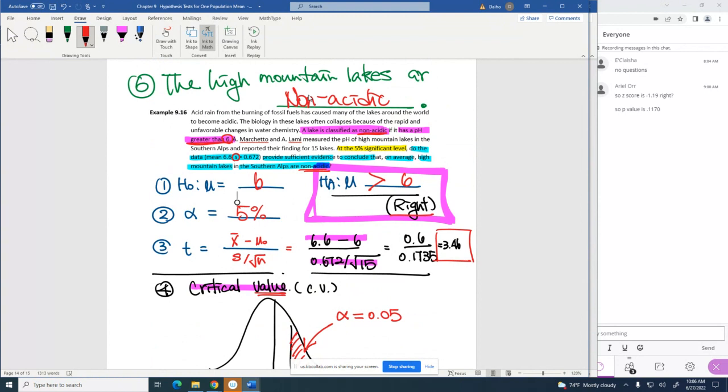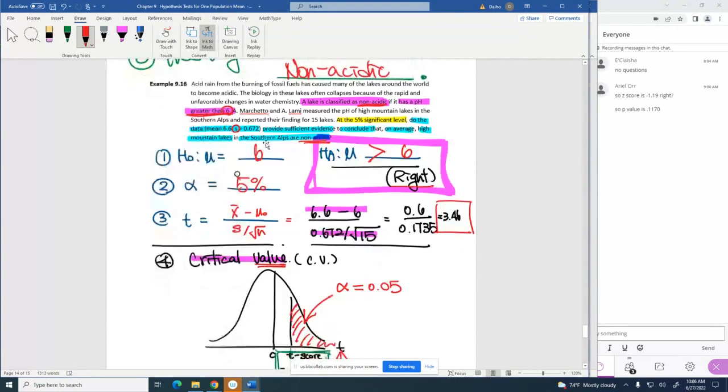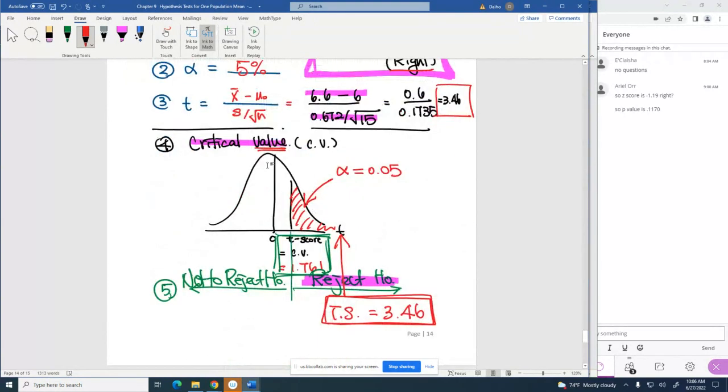It said greater than 6. What does it mean? Non-accident. Why? Because we rejected the null hypothesis. Why? Because the test statistic was in the right-hand side, greater than the critical value. Right here. It's good, right?